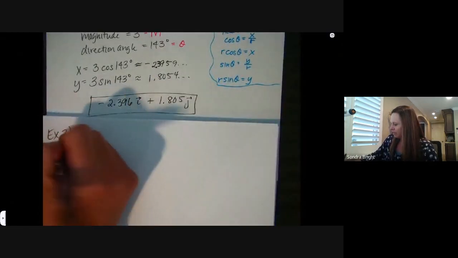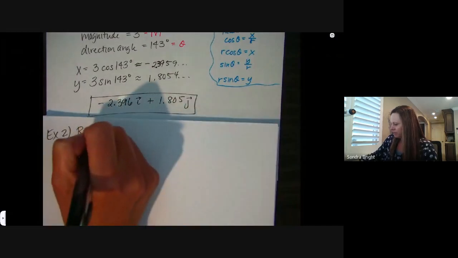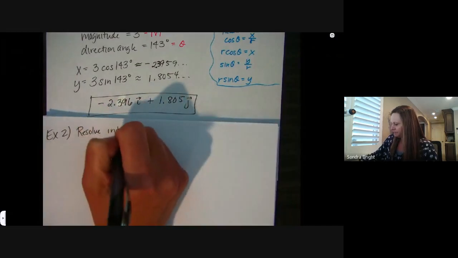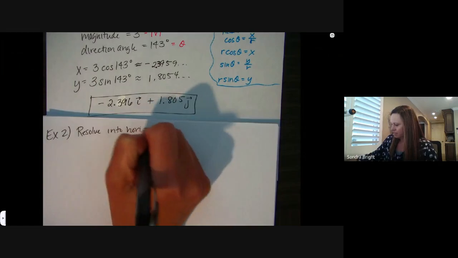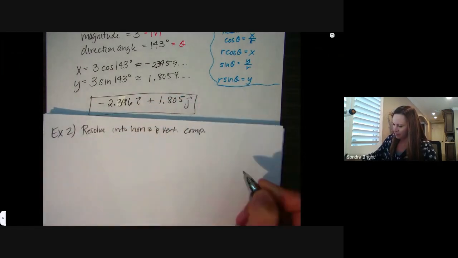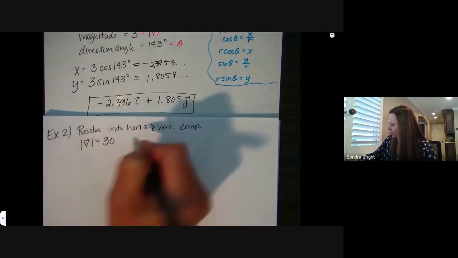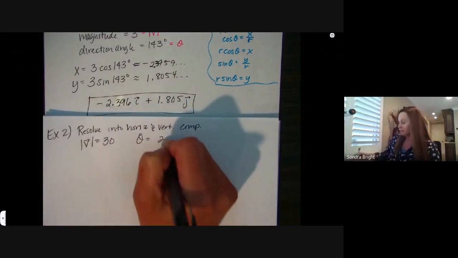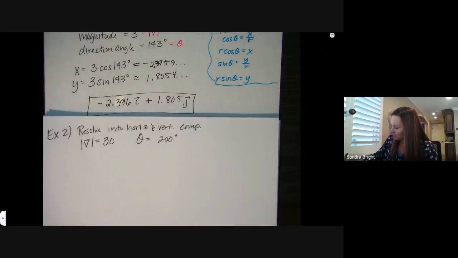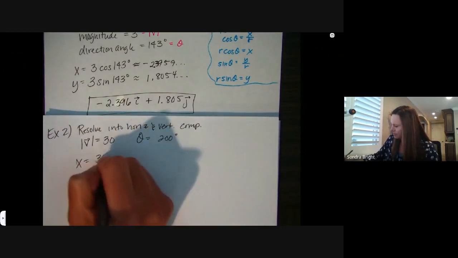Again, resolve into horizontal and vertical components. This time, though, the magnitude is 30 and the direction angle is 200 degrees. So you just go x is equal to 30 times cosine of 200 degrees.